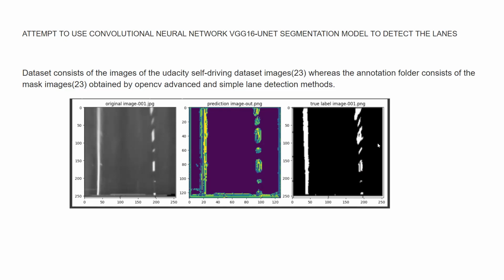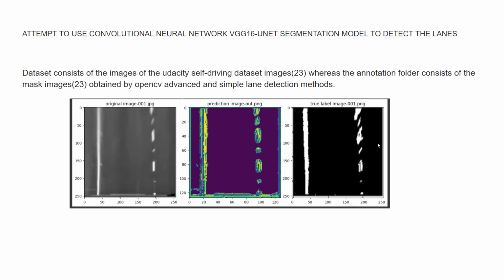The test images are the Udacity self-driving dataset images, and the annotation images are those obtained after applying the advanced lane line detection methods. The dataset consists of 23 images and the corresponding annotations.